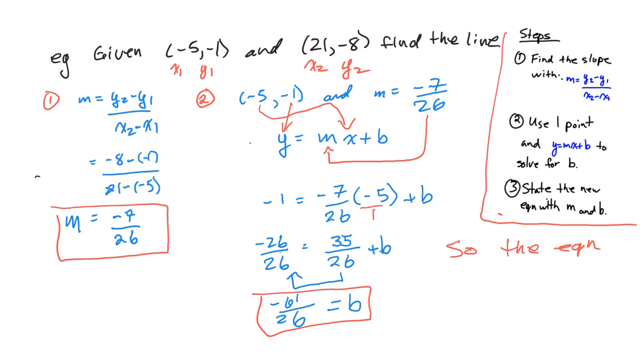So the equation is y is equal to -7 over 26x minus 61 over 26. And we're done. That is our final solution.